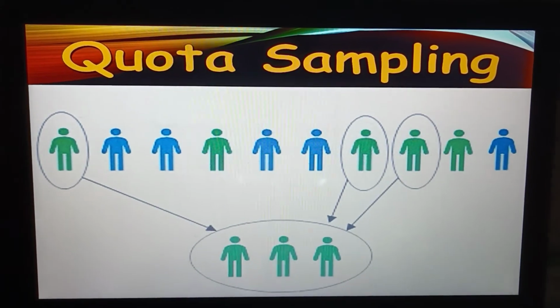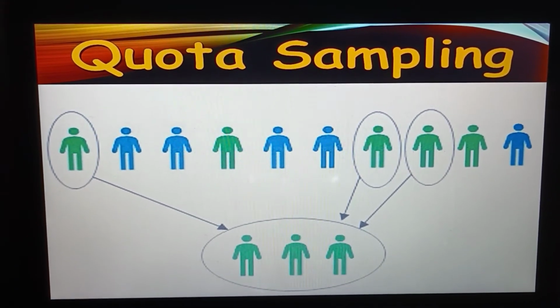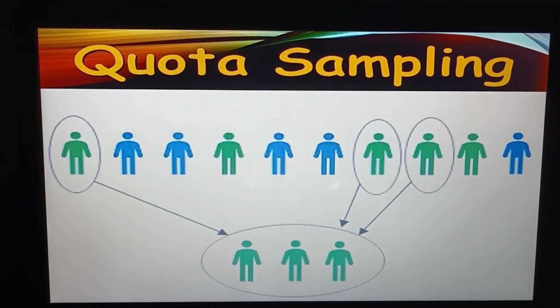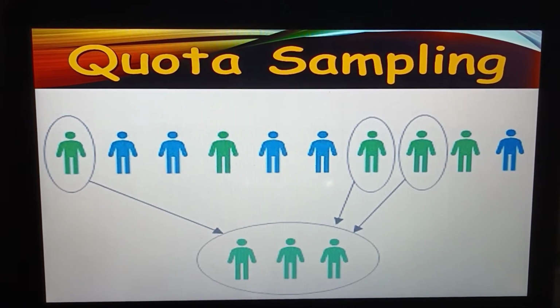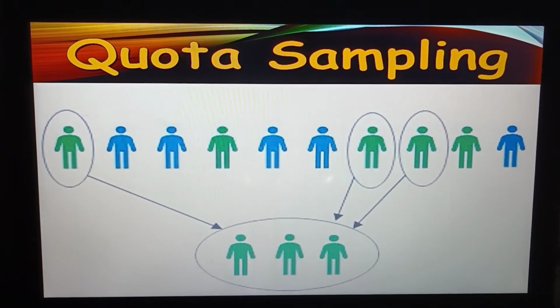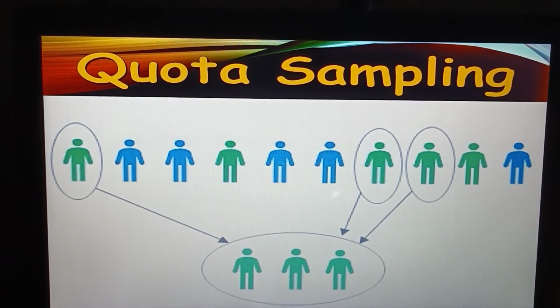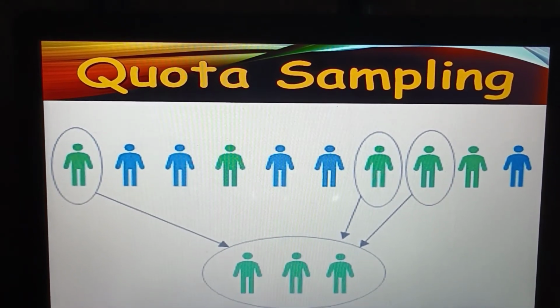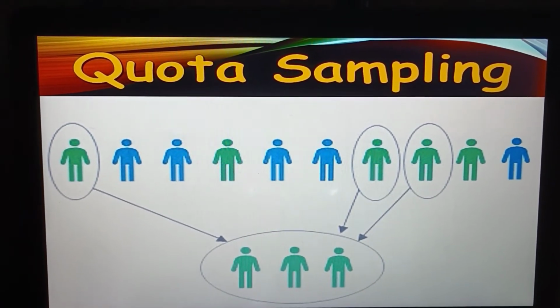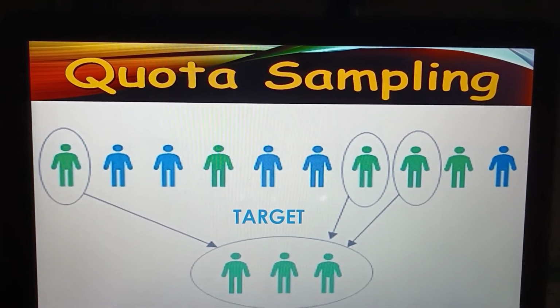Next is quota sampling. When we say quota, if you are assigned by your leader to distribute 120 survey forms to anyone, you may give survey forms to anybody, as long as you finish the quota of 120. So you have a target of 120 survey forms.